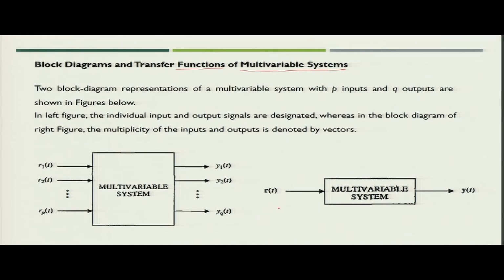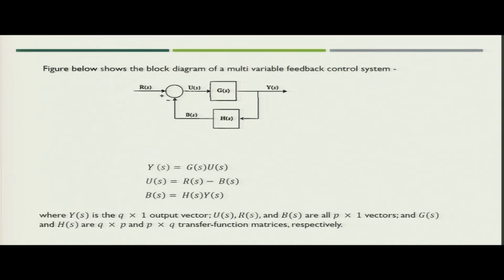So, in short you can say that it has a vector r as an input and vector y as an output. Now, if you are asked to find the transfer function of a system with a feedback loop, how will we define it in case of multivariable input.